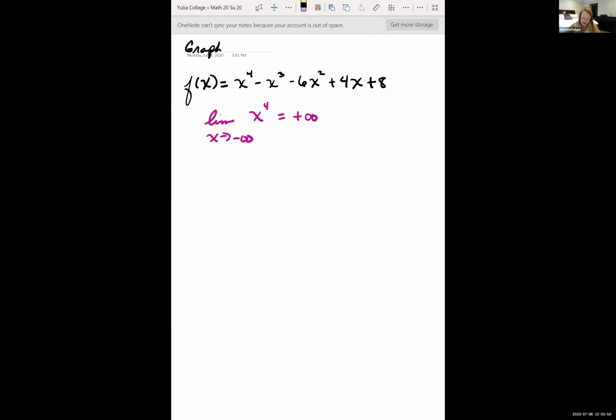We also saw that even degrees have the same end behavior. So as we're going to positive infinity, that also should be shooting upwards to positive infinity, which it does. If you raise a positive number to any power, it's positive times that positive coefficient in front, which is positive. So right now we know the end behaviors of our graph are both shooting upwards. So we want to find intercepts.